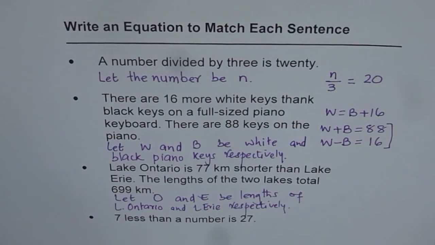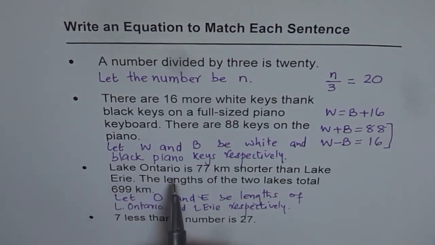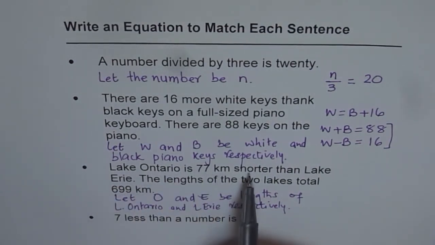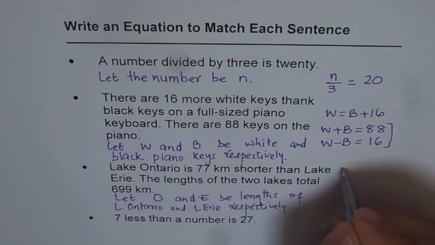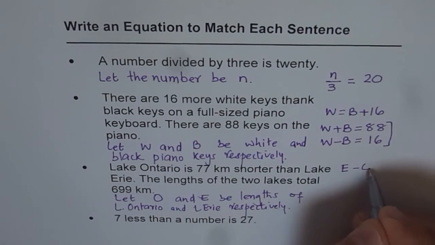Now you write down your equations. Lake Ontario is 77 kilometers shorter. That means lesser in length. So Erie is longer, right? So we'll write E minus O equals 77.